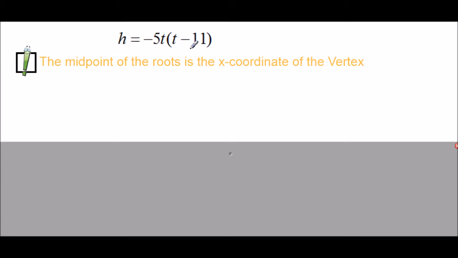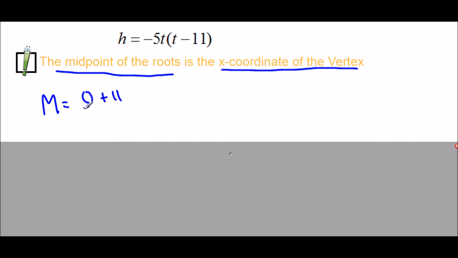Now, we also know that if we take the midpoint of the roots, we'll find the x-coordinate of the vertex. Our roots were at 0 and 11, so the midpoint is 0 plus 11 divided by 2, which is 5.5. So when t equals 5.5, I have the vertex, which means I have the first coordinate of the vertex, the x, or in this case the t.